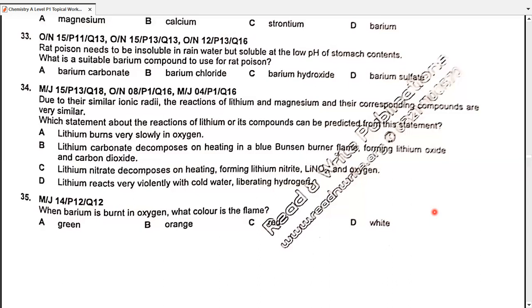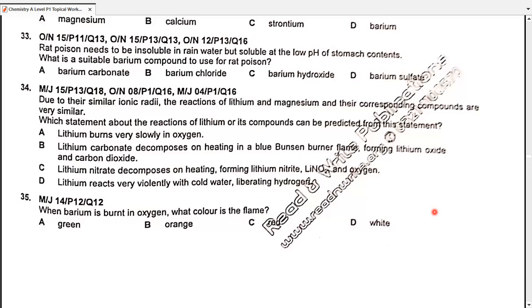Lithium carbonate decomposes on heating in a blue Bunsen burner flame, forming lithium oxide and carbon dioxide. Lithium nitrate decomposes on heating, forming lithium nitride and oxygen. Lithium reacts very violently with cold water.